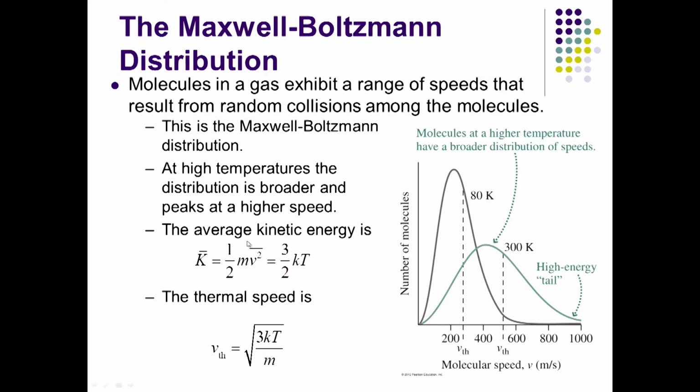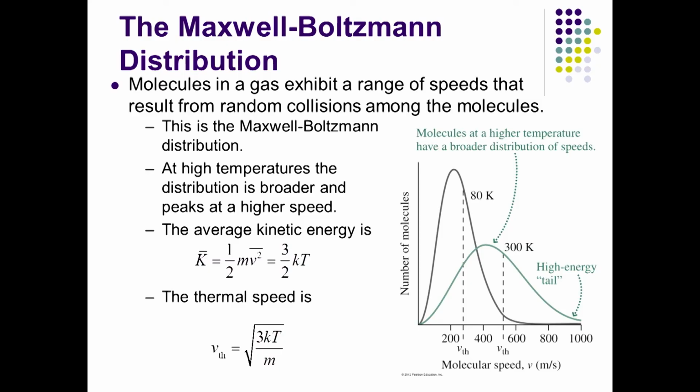The average kinetic energy you can now calculate, which is half mv square, from Newton's laws of motion. If you look at the distribution inside this exponential curve, which increases first and decreases later, at the central point of that temperature, that is when we look at 3/2 kT. And the velocity at a particular temperature, the thermal velocity as we call it, connects to the thermal speed, which comes out to be 3kT/m, where k is the Boltzmann constant.